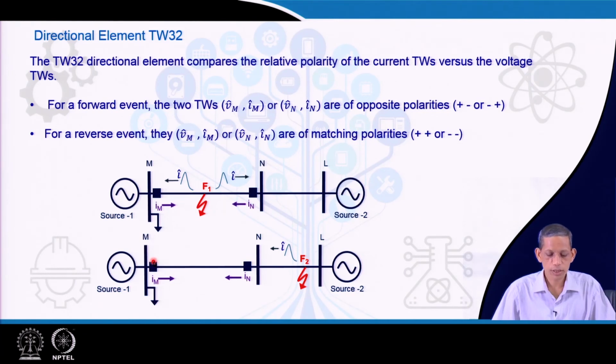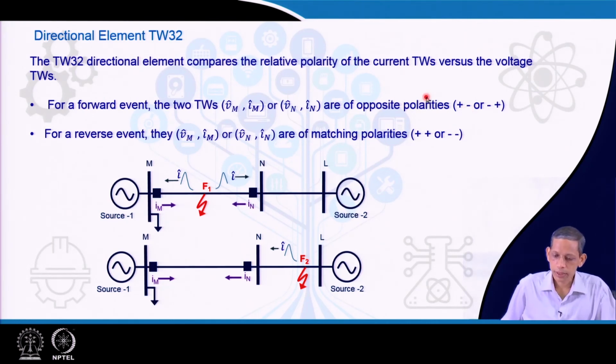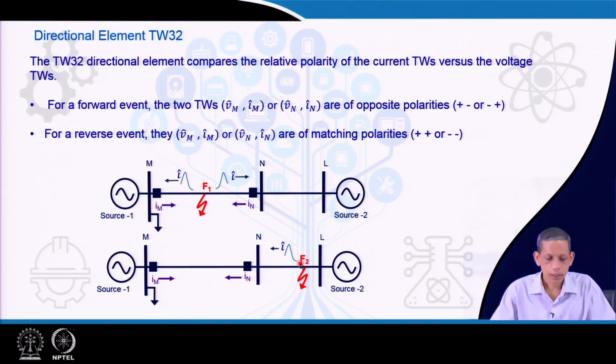So, you see here that for this case the fault is reverse, and for this case the fault is forward. So, for a forward fault the corresponding Vm and Im for this one will be positive and negative. The corresponding Vm and Im at this point will be positive negative, and Vn and In will be both positive.